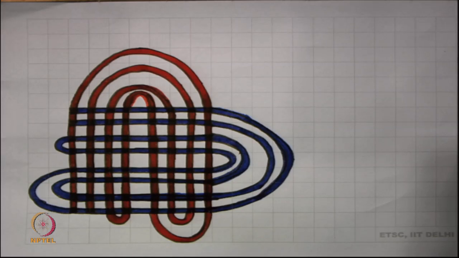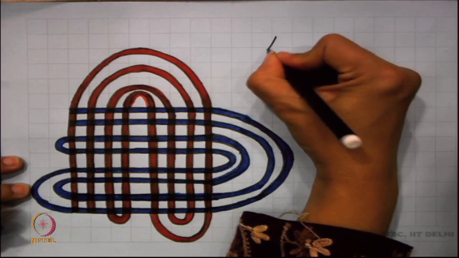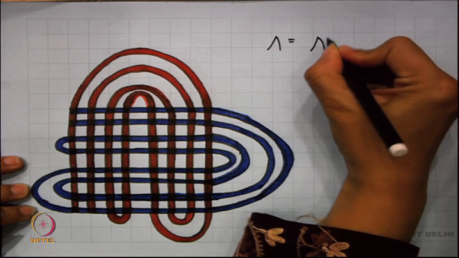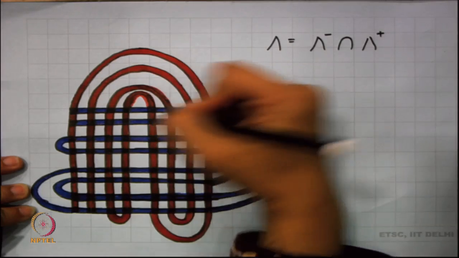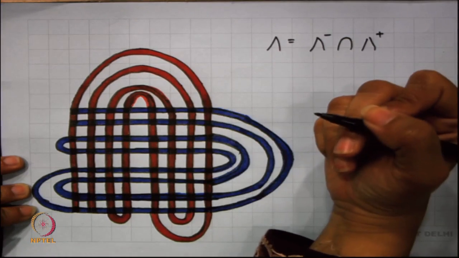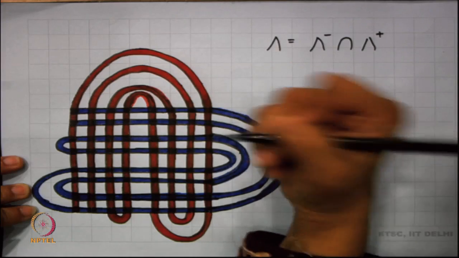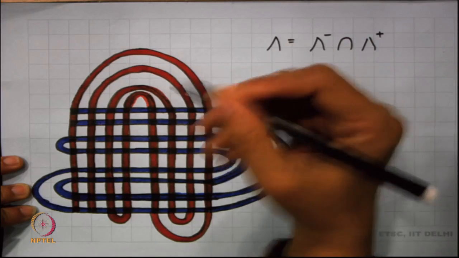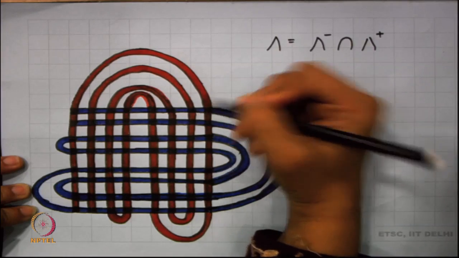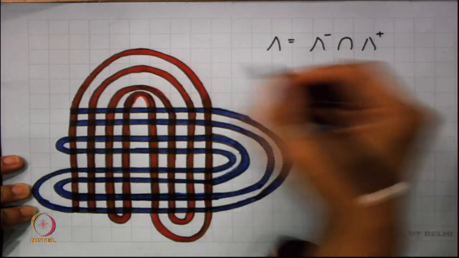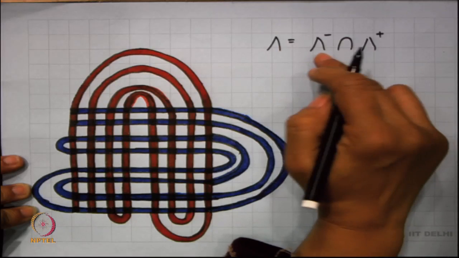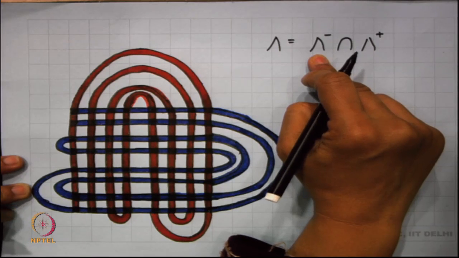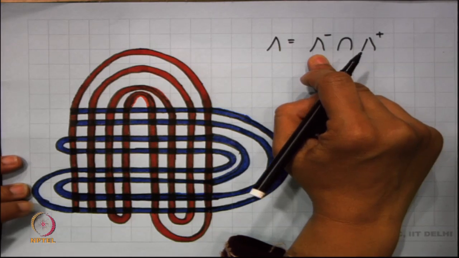So, now what happens to our lambda here? Our lambda is nothing but lambda minus intersected with lambda plus. So, what is that aspect? Now, let us see what our lambda minus is.